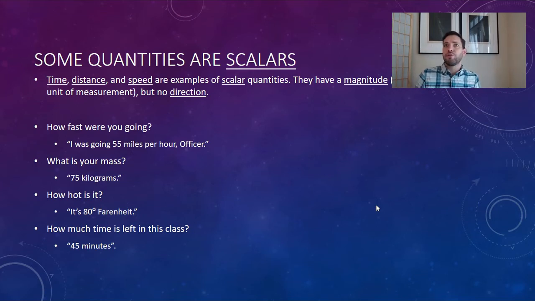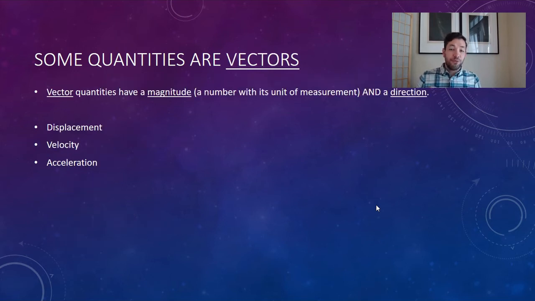Okay, so how tall are you? 6'1". It's not like, oh, 6'1" north, 6'1" that way. It's just 6'1". So these just have a number. But these vectors have this number, this magnitude, but also a direction. And we can talk about the direction in terms of compass directions, so going east or going north.